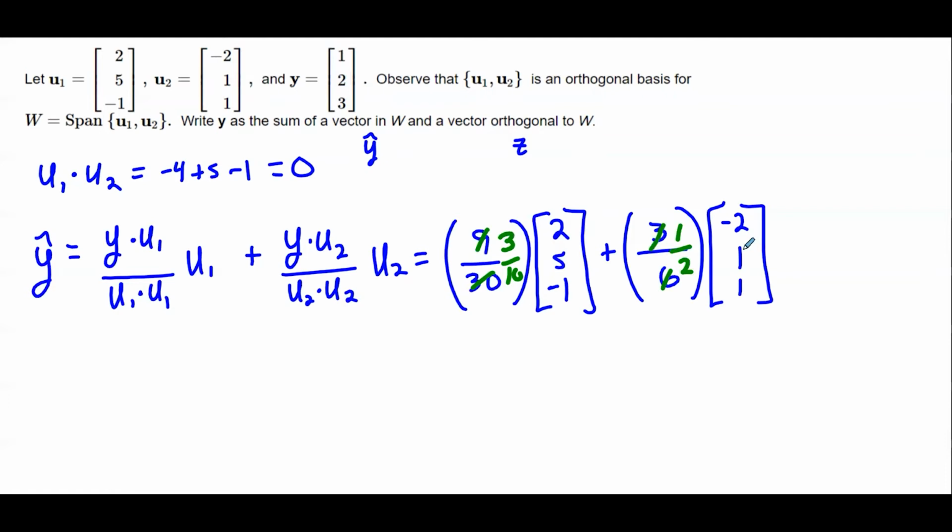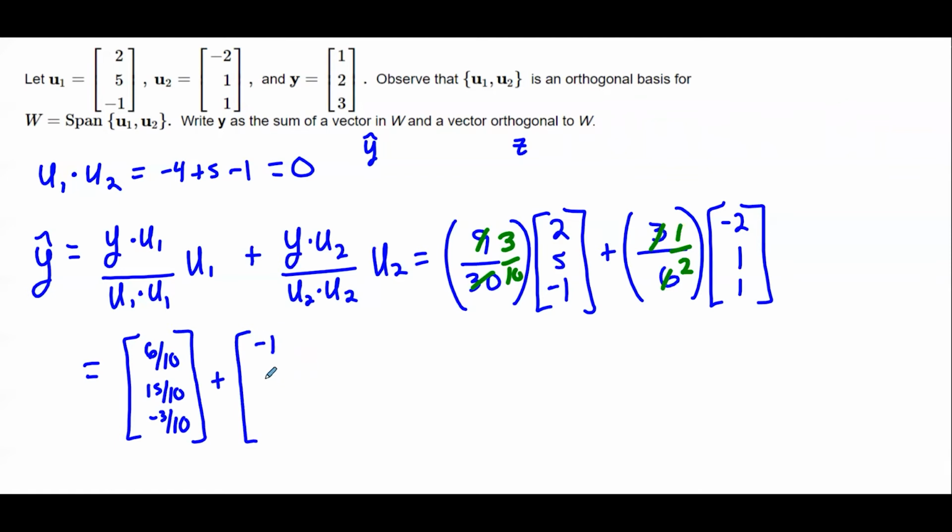All right, so we just simplify all this. So I get 6/10, 15/10, -3/10. And -1, 1/2, and 1/2.